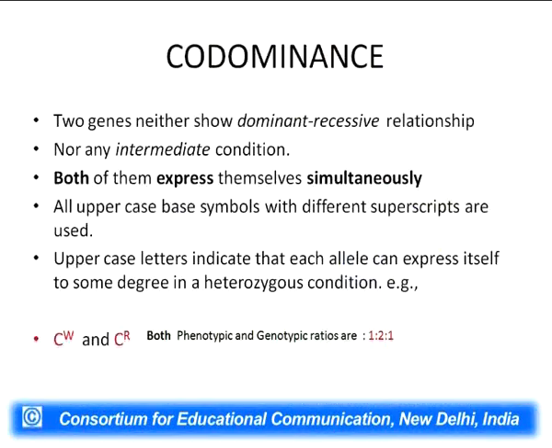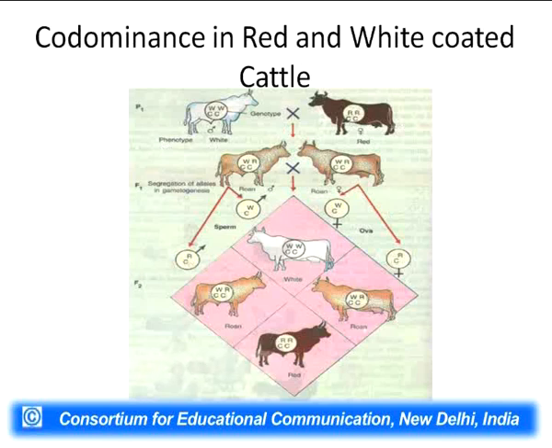We have to use only the uppercase letters of each of the alleles, and this would be, for example, if we are using, say, a classical example of cows or cattle, if they are white, then they would be denoted by capital C and capital W, and if they are red, then they would be denoted by capital C, capital R. So, if a cross is made between the red and white coated cattle, we have seen so many cattle on the streets of Delhi who are black having white spots, and still others who are white having black spots. They are actually called as roans.